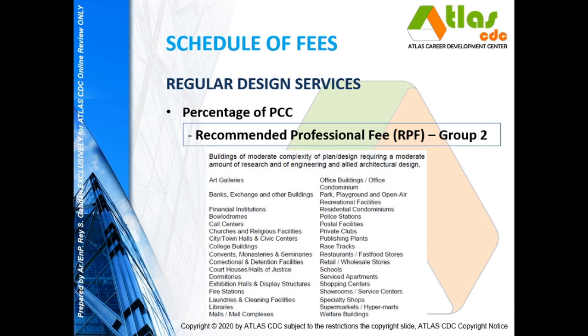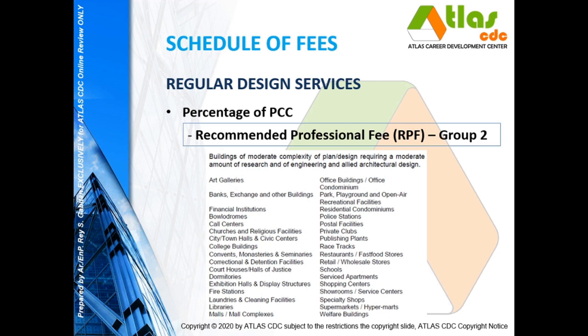So maraming buildings dito, and this includes commercial buildings, recreational buildings, as well as institutional civic buildings. Meron din kasama dito rin ang residential, pero this is multi-story residential.